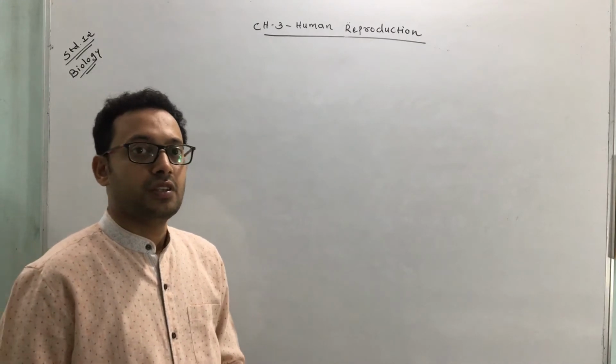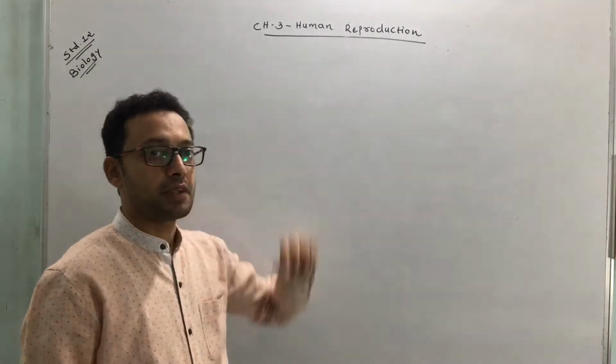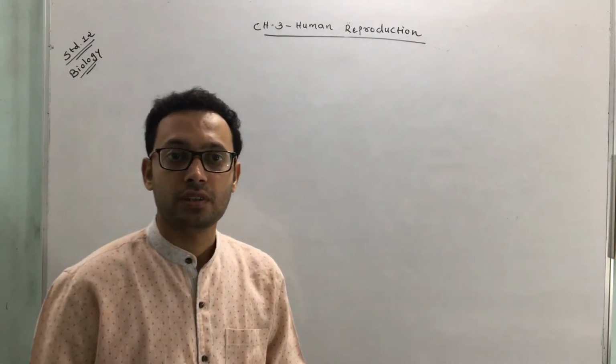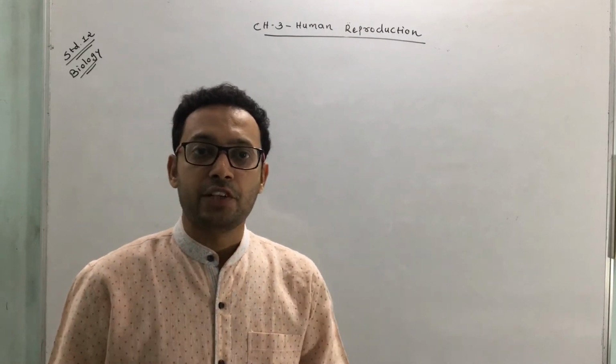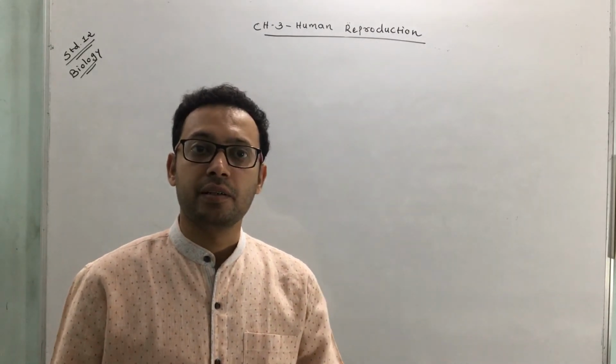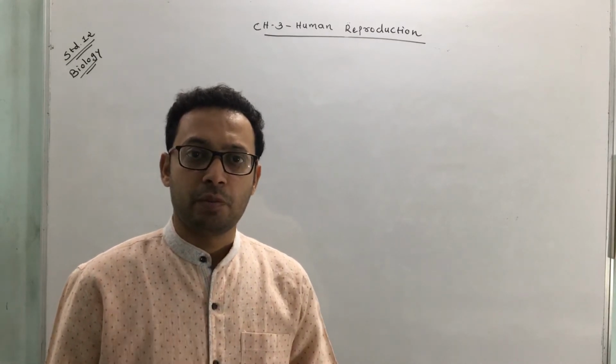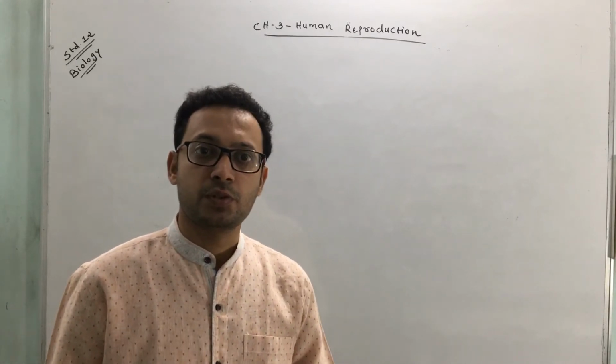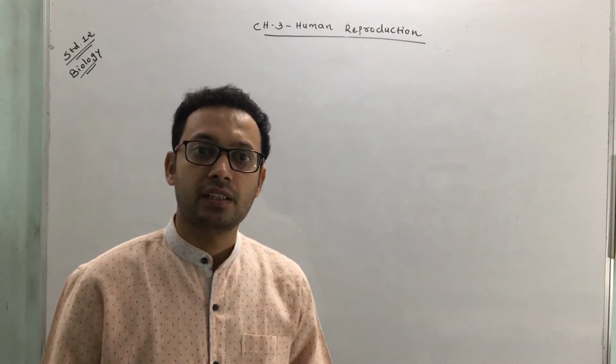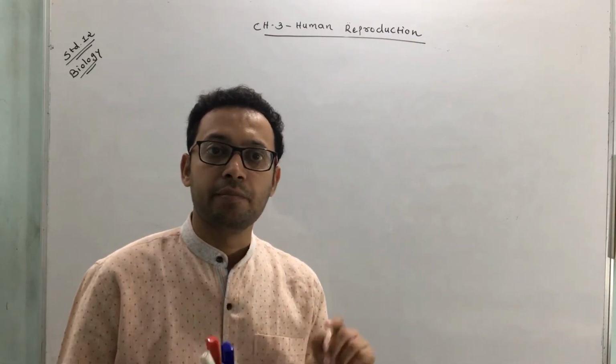In the previous session, we started to discuss chapter number 3, human reproduction. We have finished many topics like the male reproductive system, female reproductive system, spermatogenesis, oogenesis, menstrual cycle, fertilization and the implantation process.